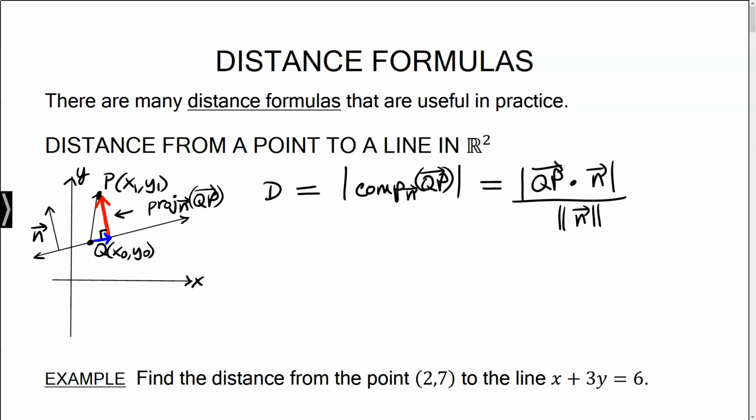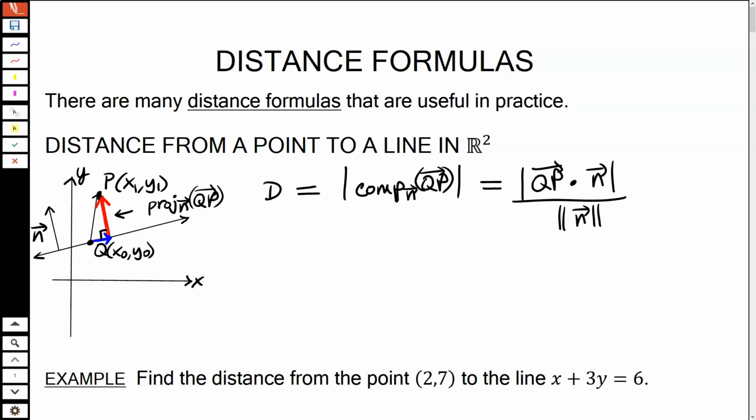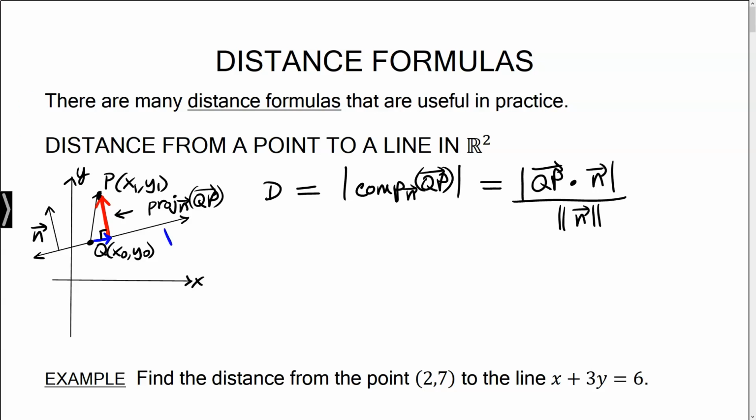Now there's a special case of this that comes up a lot, and that's if you're actually given the equation of this line. So let's say that we know that this line has equation ax plus by plus c equals 0. So we have what we've been calling the general form of that line. Then we can get a very nice form for this formula.